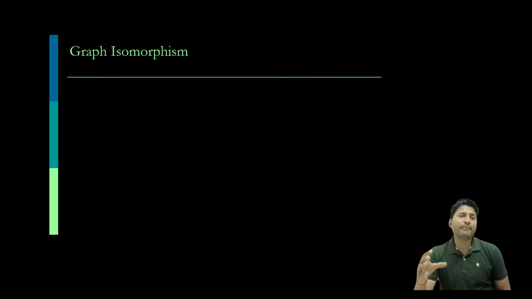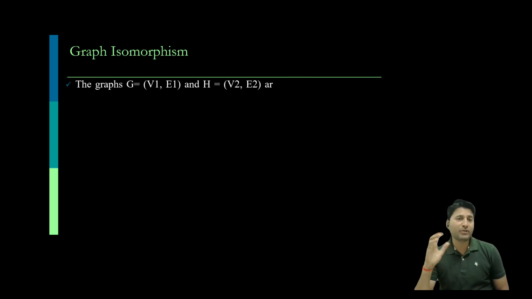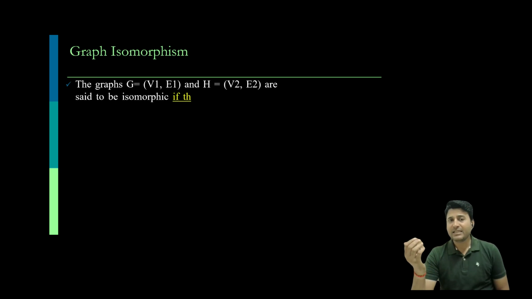Mathematically, how do we prove a pair of graphs are isomorphic? Suppose we have two graphs, G and H, with sets of vertices V1 and V2.